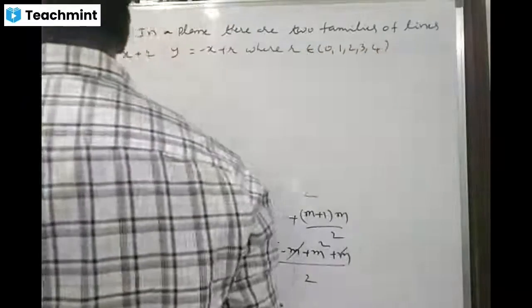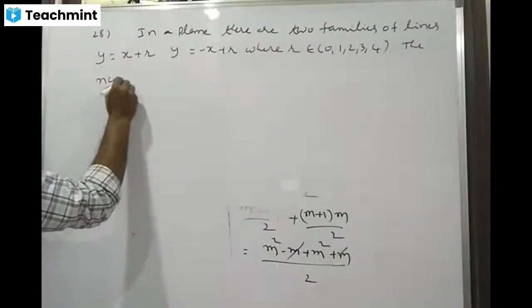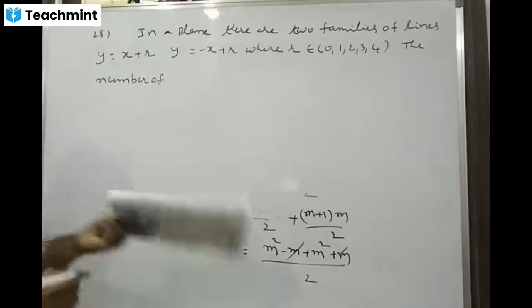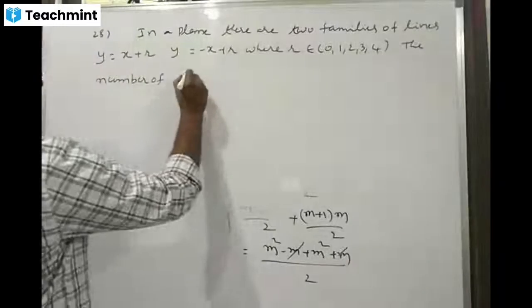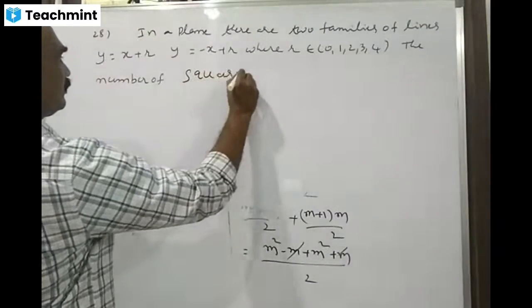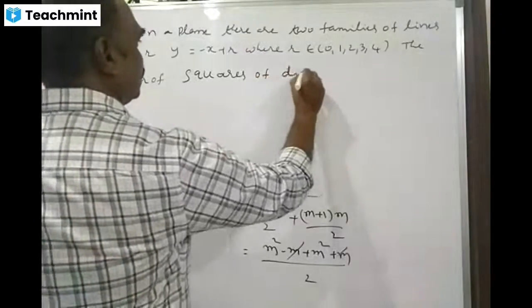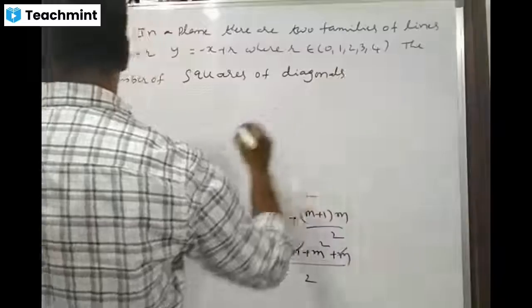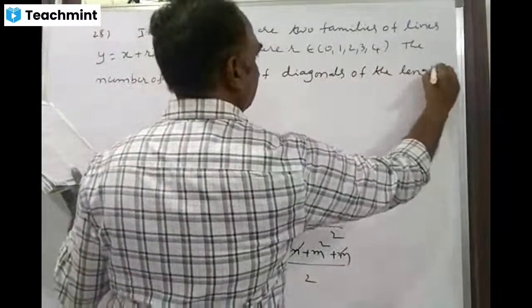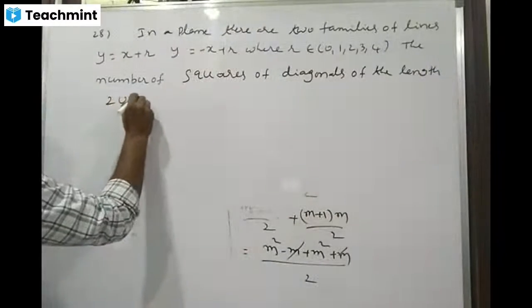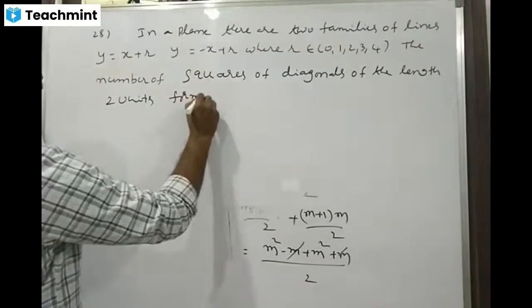Then the number of squares of diagonals of the length 2 units formed by the lines is?